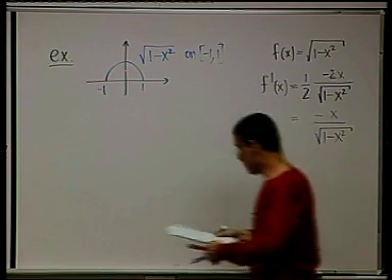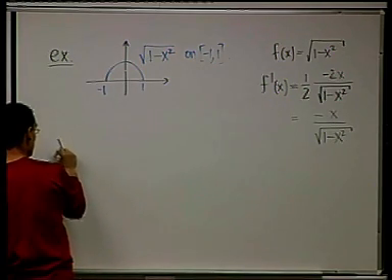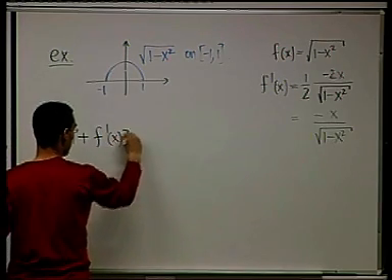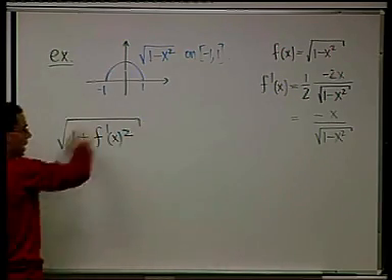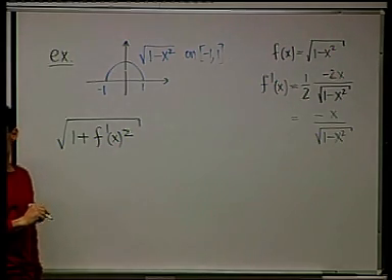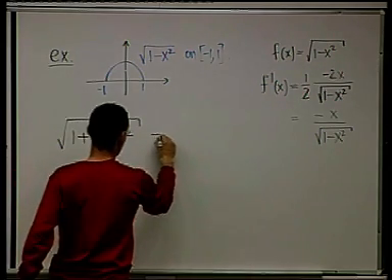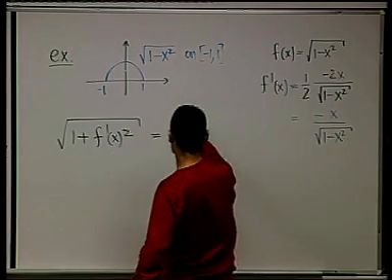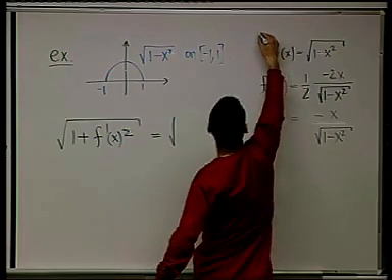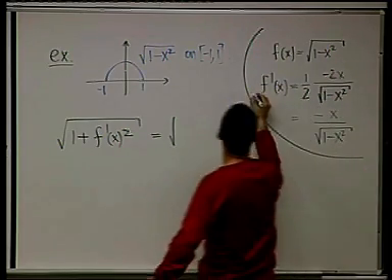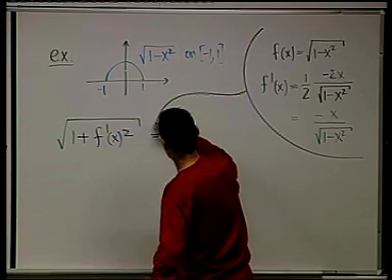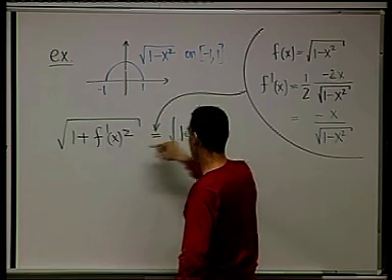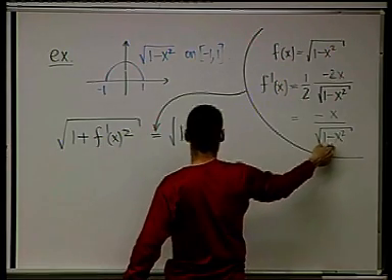And now I want to find root of 1 plus f prime squared. This is the expression I have in that formula, which we just derived. So I'm going to plug this into here. So this is our side calculation. And this is what I'm plugging into here. So I get the root of 1 plus f prime squared, where f prime is squared.